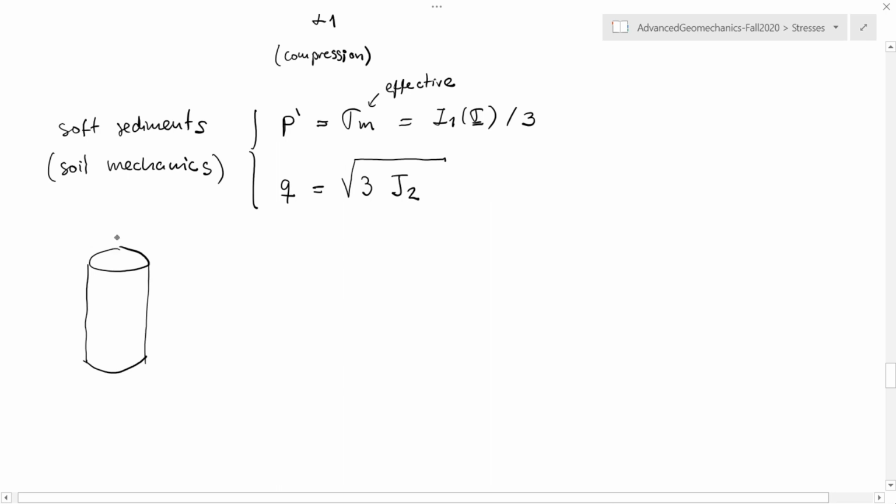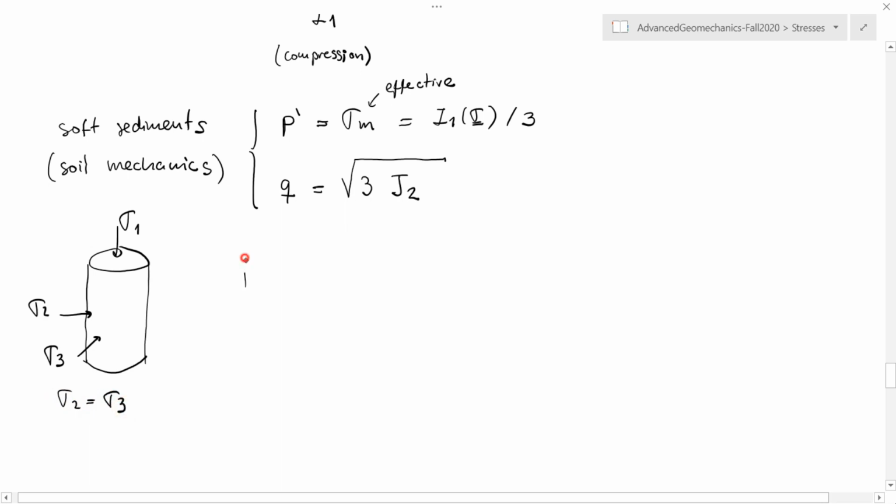So let's say that I have now an axisymmetric or cylindrical solid subjected to this state of stress where sigma 2 is equal to sigma 3.